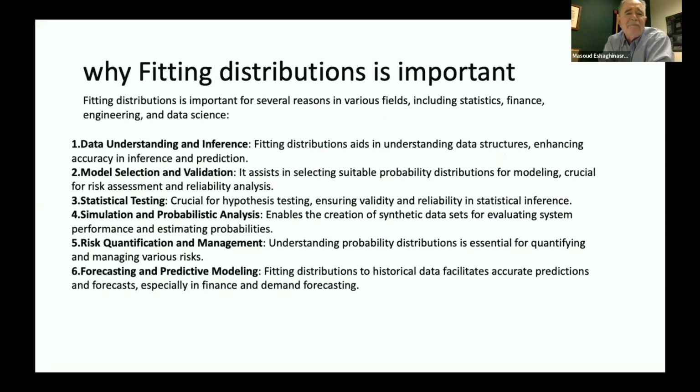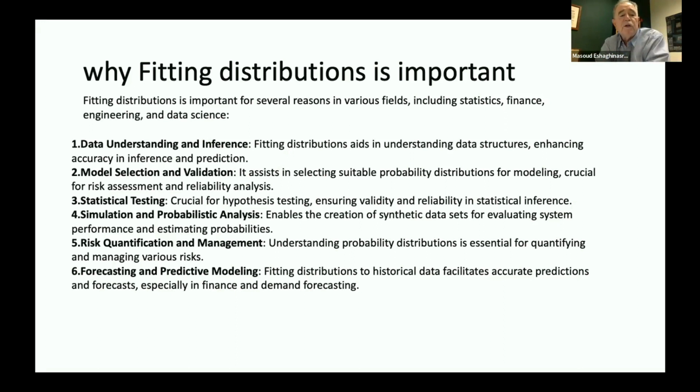So after that, I am looking to find the best fitting for any of the coins. Fitting distribution. Why is this important? For different reasons, you can say why you need the best fitting. For example, in statistics, finance, engineering, and data science, you need to find the best fitting distribution and after that use it.